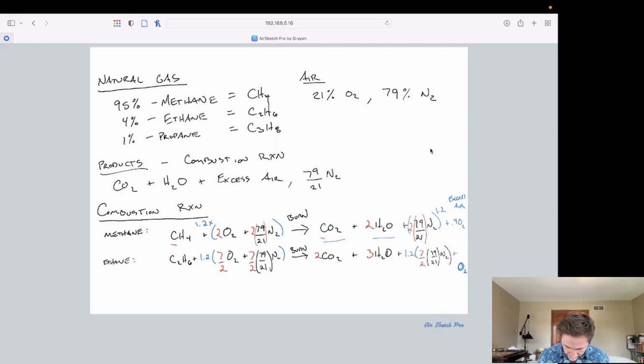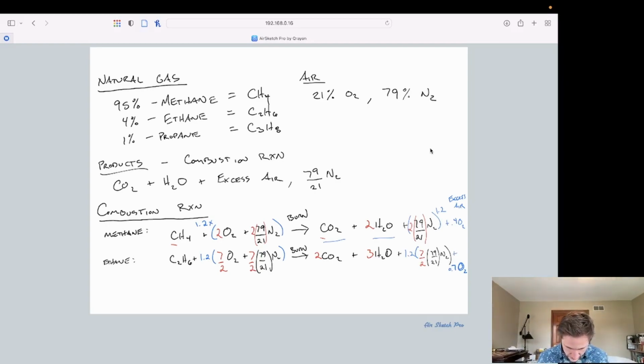So then 1.2, 20% excess air of our 7/2. Let's multiply that: 3.5 times 0.2 gives us 0.7 moles of excess air that will be leaving.